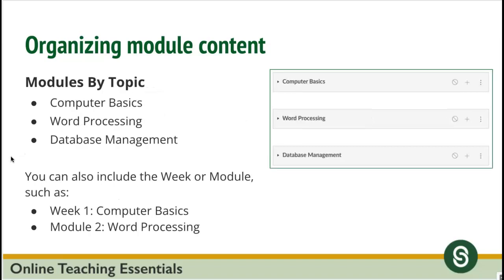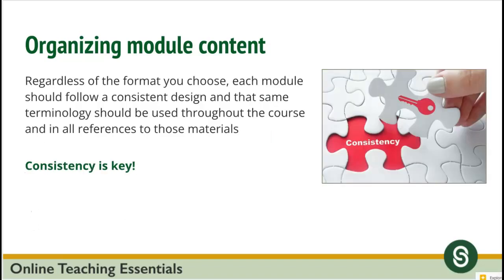If you decide to go by topic and you're just going to cut out module numbers and chapters, you can simply state like this: computer basics, word processing, database management, Excel, etc. You could also take these topics and combine them as I mentioned in the other 2 examples.